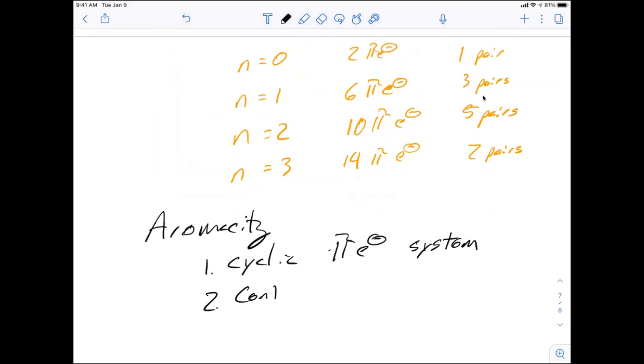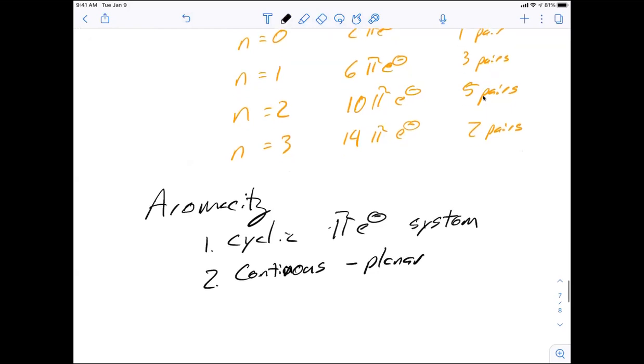It needs to be continuous, which means it needs to be planar. If it's not planar, then it can't be continuous. So if my electrons aren't lined up, if they go like this, then I'm not going to have a continuous pi system. So you have to watch for planarity in the molecule. And then the third one is I need Huckel's number of electrons.